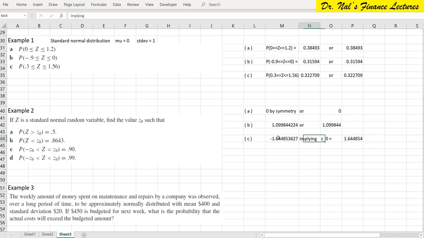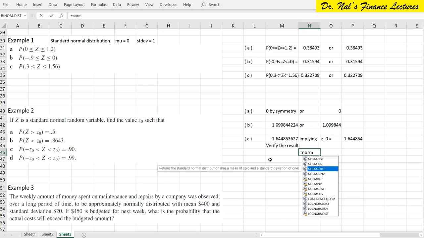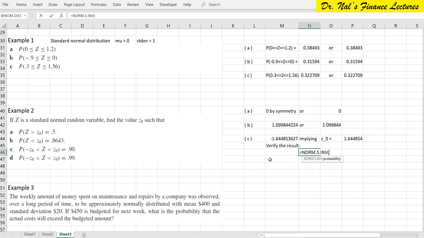Does that make sense? Just to verify that we did everything correctly, we are saying that the area between this number and this number is 90%. Let's check if it works. I'm going to confirm the result right here. So NORM.S.DIST, I should say.